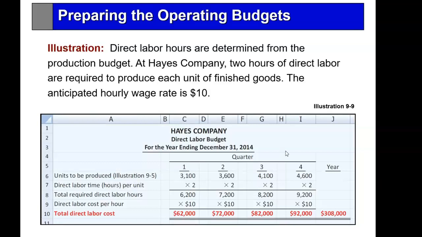So you can see how valuable Excel, the program Excel, is in developing a budget. You make a mistake, you just correct it. In my day, it was pencil and paper, and when you made a mistake, you had to go through everything to correct it. So anyway, you get the direct labor budget in dollars.